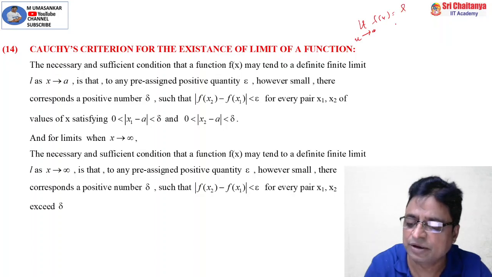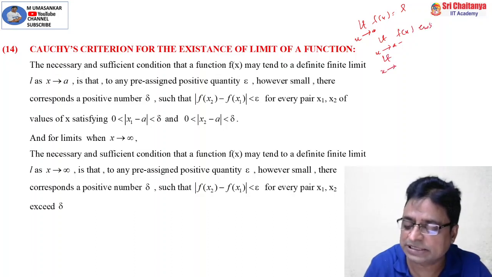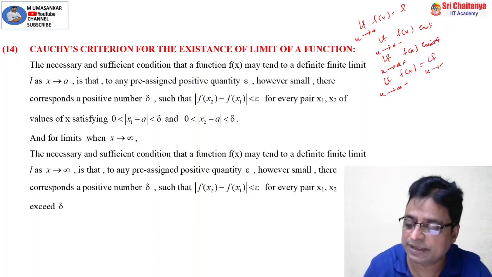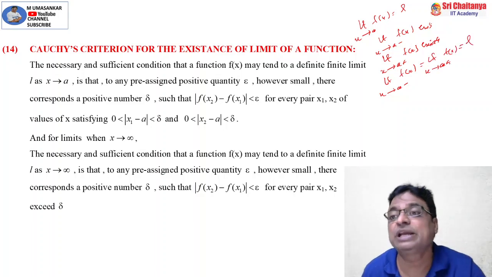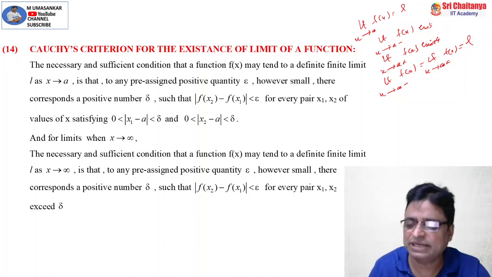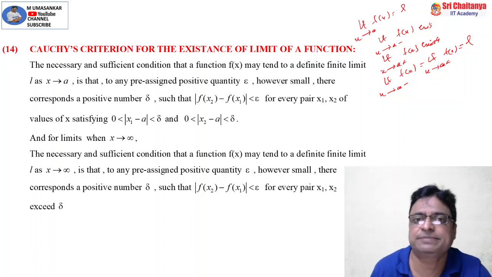When both the left hand limit x tends to a minus, f of x exists, and the right hand limit x tends to a plus, f of x exists, and they are equal, that is, limit x tends to a minus f of x is equal to limit x tends to a plus f of x, and is equal to L, then only can we say that the limit of the function is L. This is the existence of limit of a function at a point.